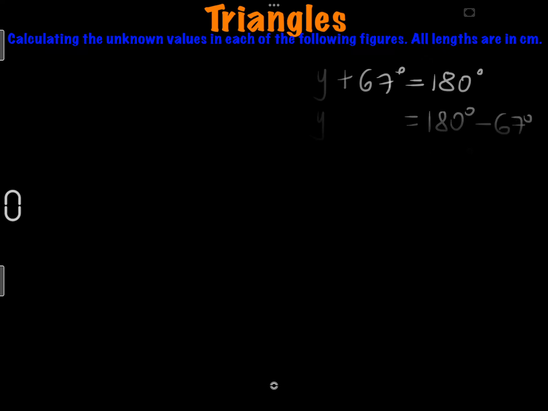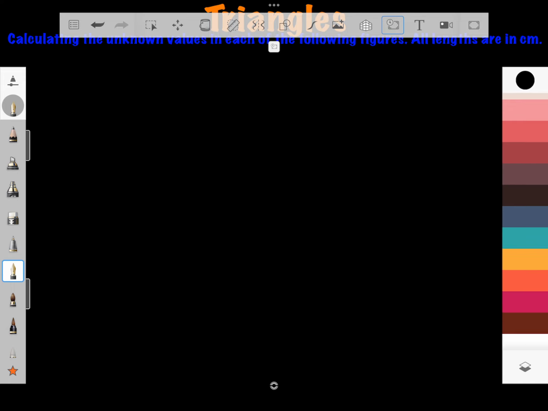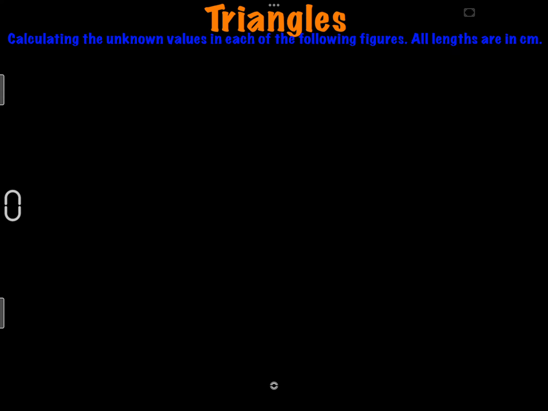Let's look at D. Now D, in this case, we're given this triangle. In fact, we're given what looks like similar triangles.